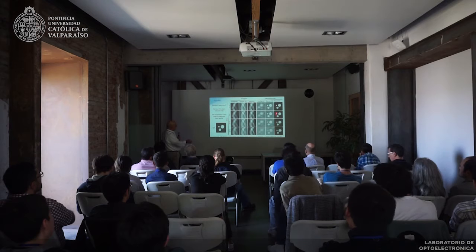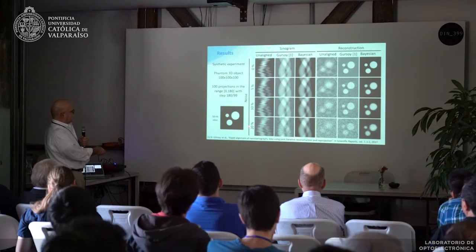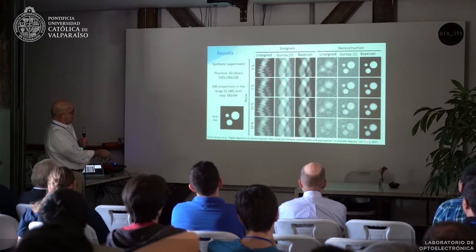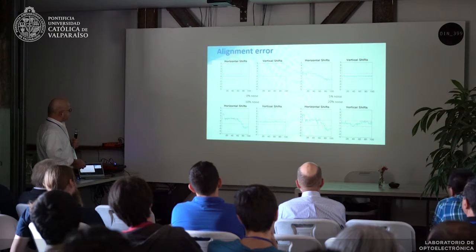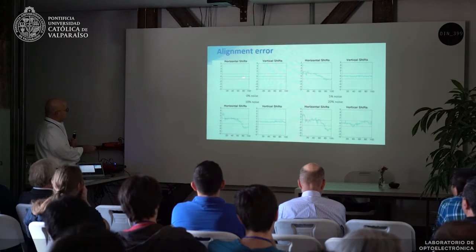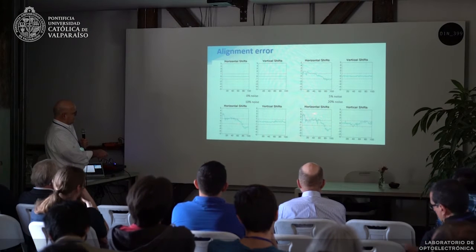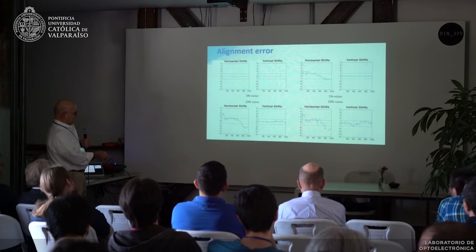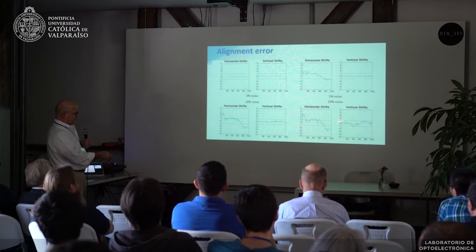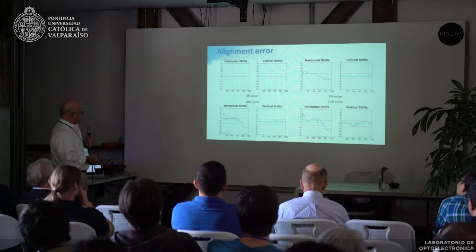So these are the 2 methods, and as expected, you might say, when the misalignment increases, you get improved results with this Bayesian approach. And these are the shifts, horizontal, vertical shifts, different amounts of noise, and as the noise increases, clearly you cannot do as good of a job in estimating the shifts. The vertical one is easier to estimate for a number of reasons, but nevertheless, it's a very satisfactory job.